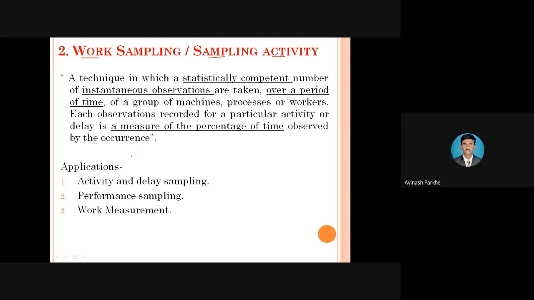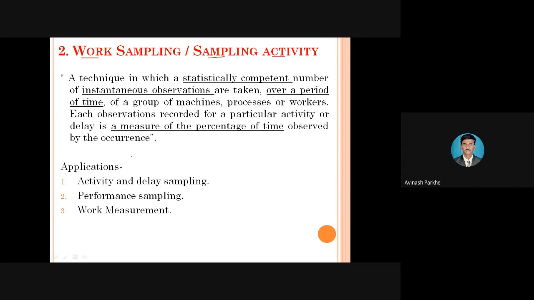And from that, one more observation: by what percent the workers are working and by what percent the workers are idle. Therefore, work sampling is a process in which a number of observations are made over a period of time, and from those observations we have to identify in percentage how many workers are working, how many workers are idle. This is related to the workers. Similarly, how many machines are in working condition and how many machines are in idle condition.